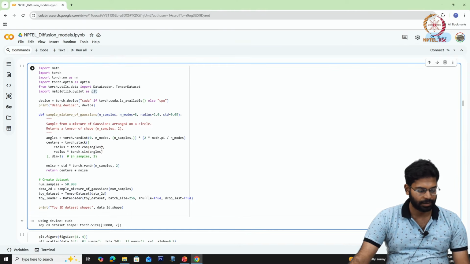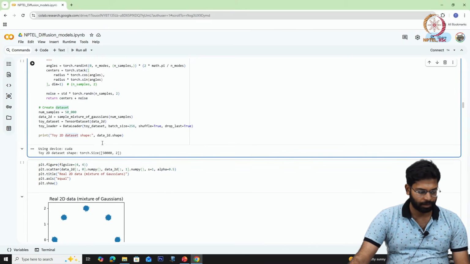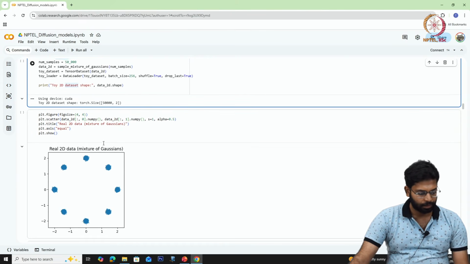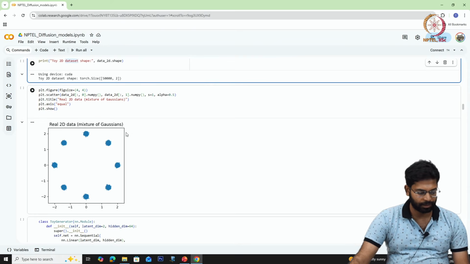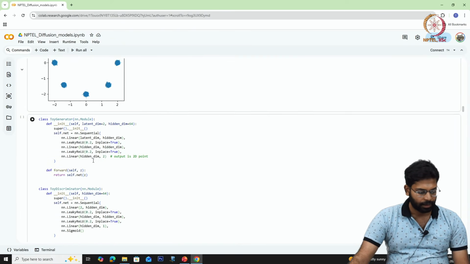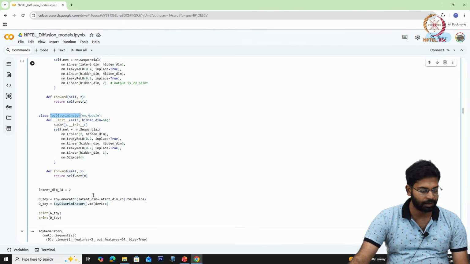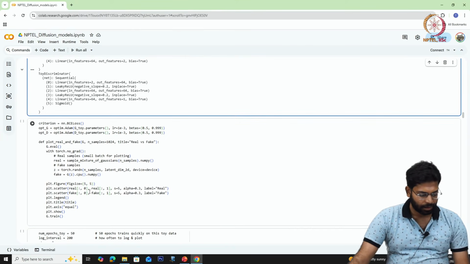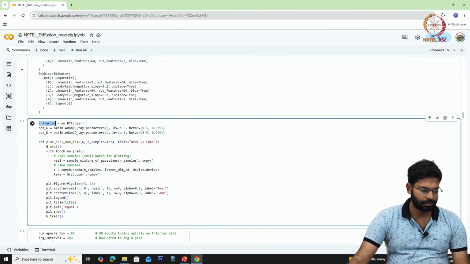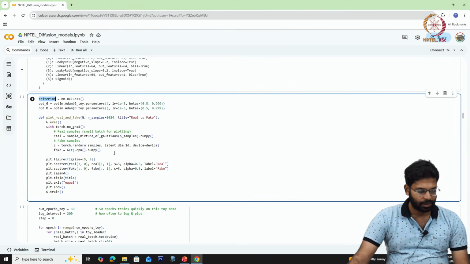So you can define a mixture of Gaussians here. I'll quickly pass through them, and this is the real 2D data, the mixture of Gaussians. Then in this toy function you define the generator and the discriminator in the similar fashion that we already discussed, and similarly the loss function using criteria, and then optimizers.